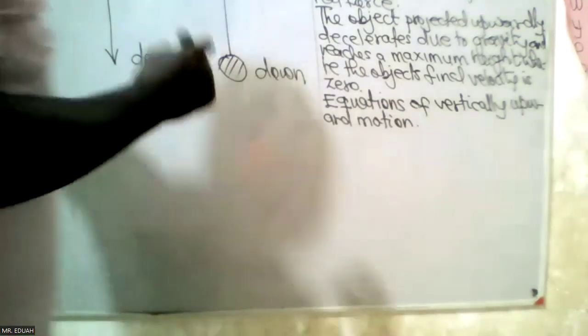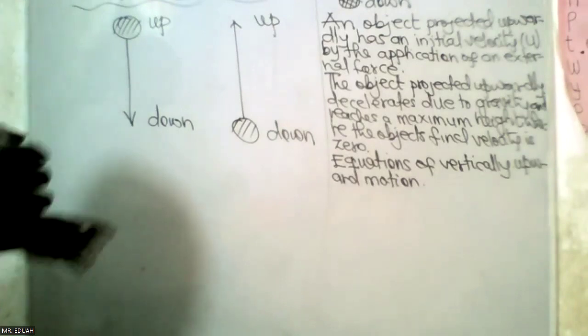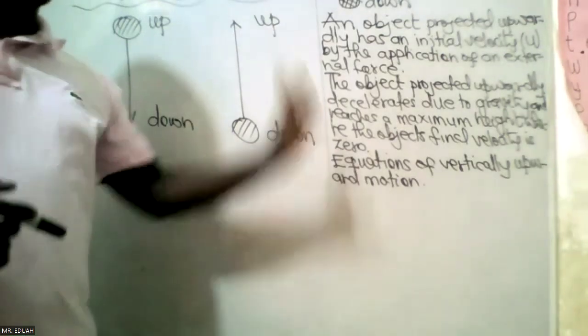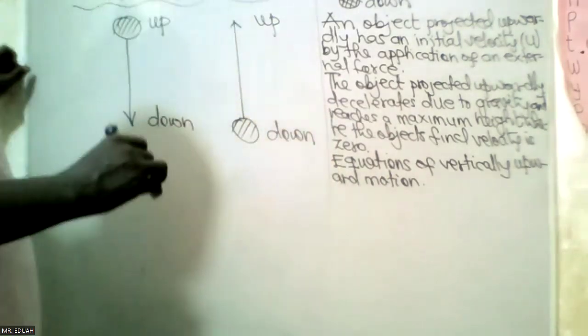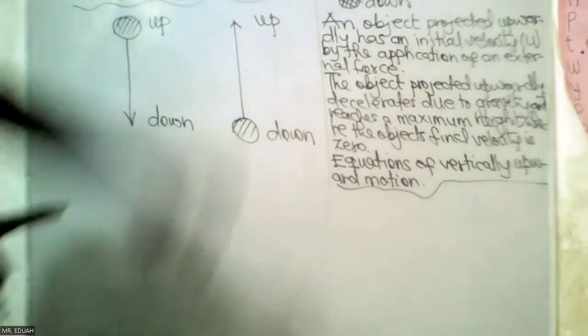So if we want to calculate the velocity of the body after any time t, we understand that as it is going up, its velocity decreases with time because it decelerates, and this deceleration is due to gravity. The equations used to describe this kind of motion are similar to whatever we have for linear motion. Let's recap what we got for linear motion.